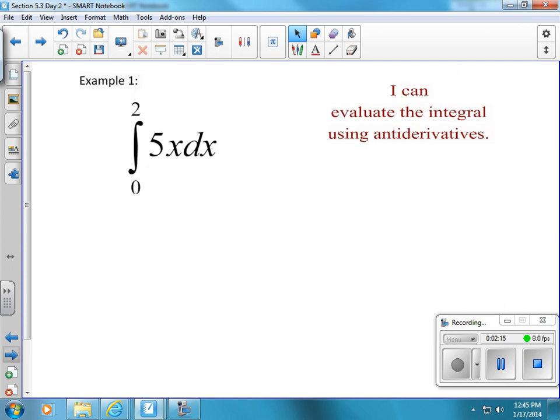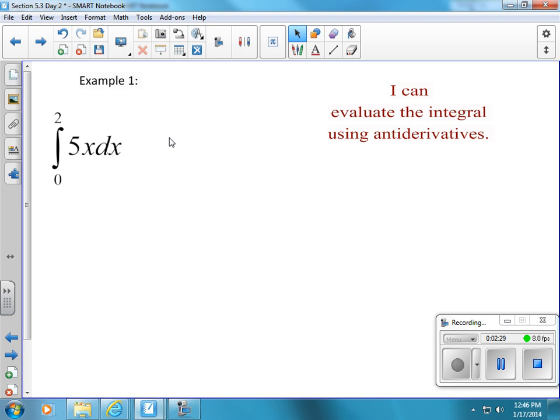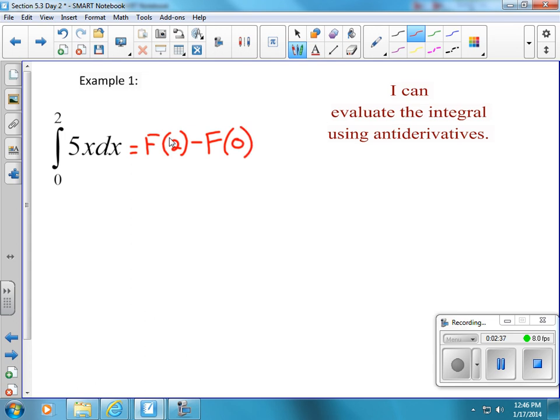All right, this is a definite integral, and it's the integral from 0 to 2 of 5x dx. What we need to do is take the antiderivative at 2 and subtract the antiderivative at 0 to get our solution.